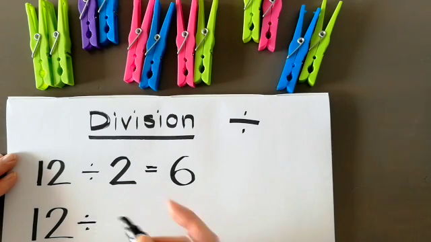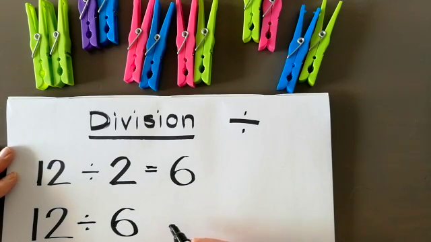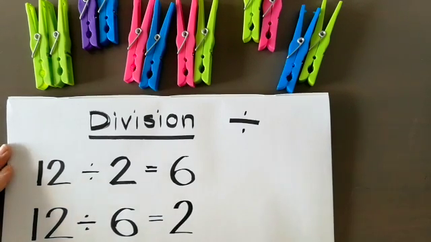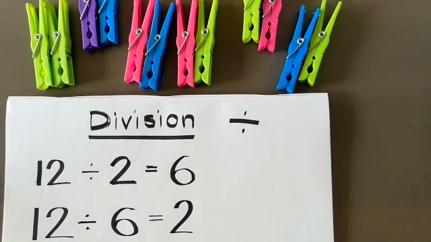And we split it into how many groups? We did. We split it into 6 equal groups. And what do we end up with? We did. We ended up with 2 in each group. That's fantastic, everyone.